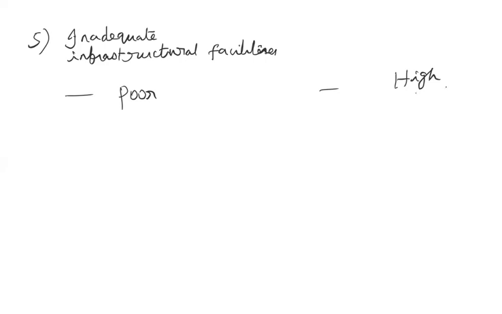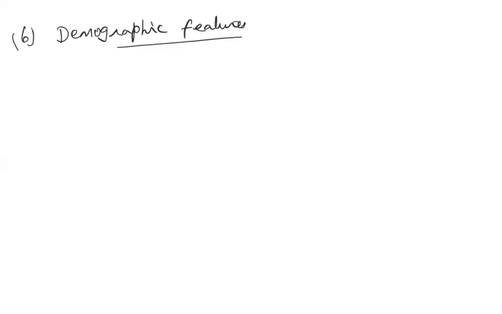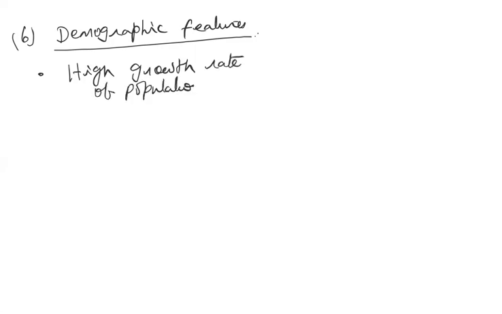Okay. Now moving on to the most important factor, demographic features. In the underdeveloped countries, one thing they have is a high growth rate of population. Second, the size of population is also very high.